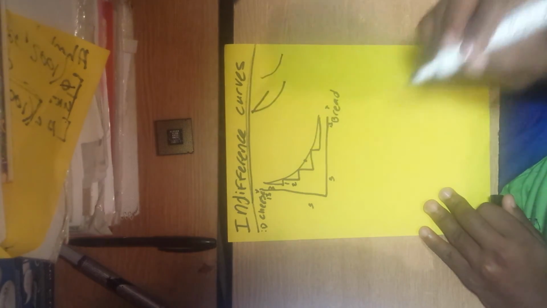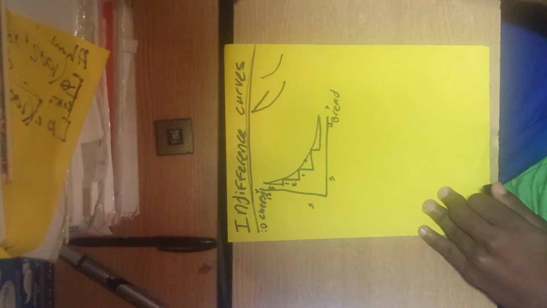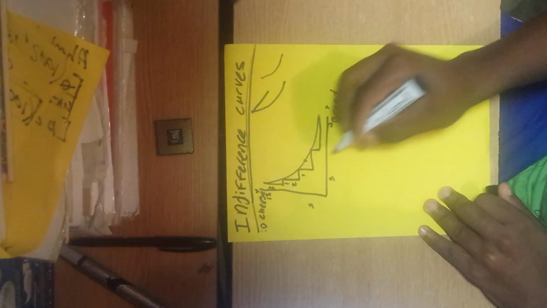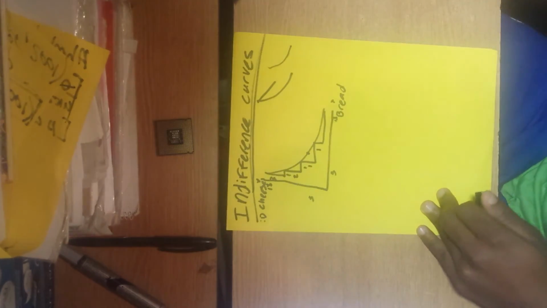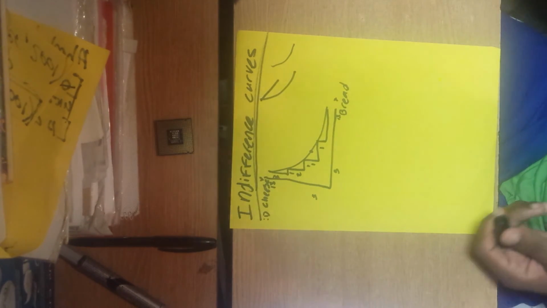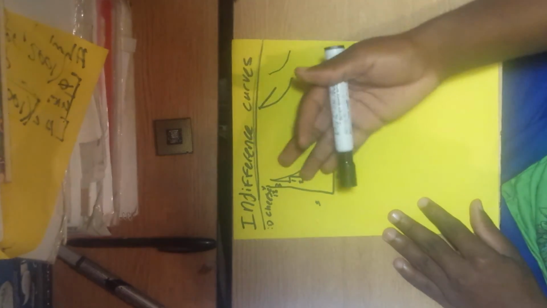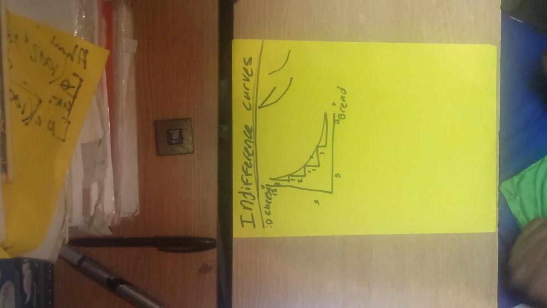So I'm going to give 2 slices of cheese for one loaf of bread. Now I don't actually mind whatever happens. You can give me cheese, you can give me bread, I don't mind. As I explained, this is just to explain diminishing marginal returns, where the more you consume, the less you actually want.